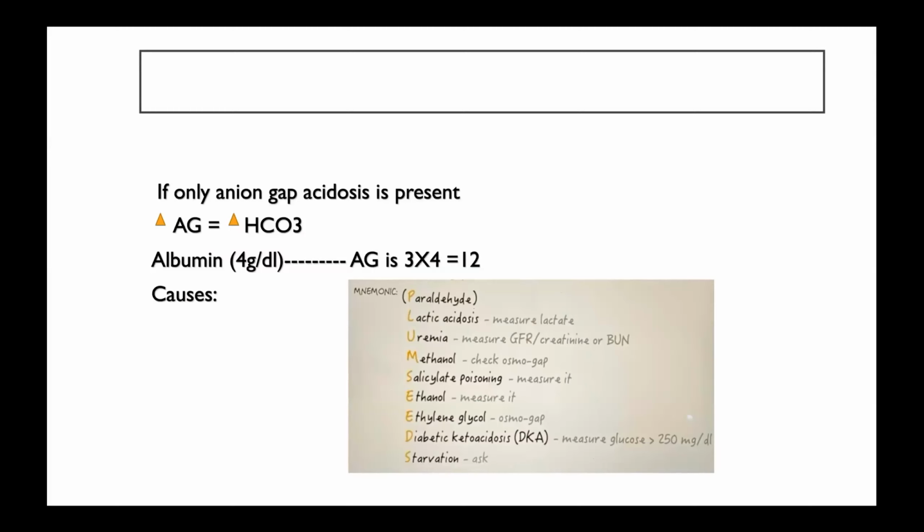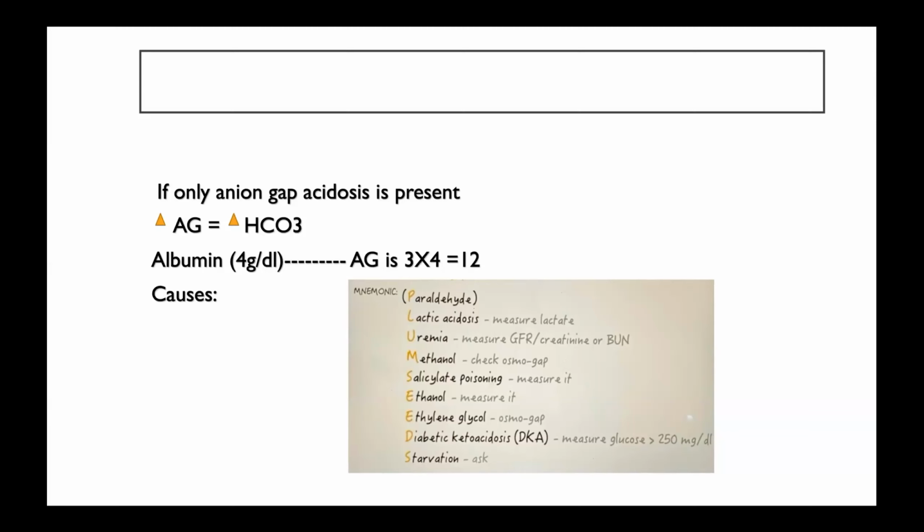The difference between normal and calculated anion gap is called delta. That means that much additional acid is being added to that person. The additional acid added will remove bicarbonate from the body while compensating. So what will happen?